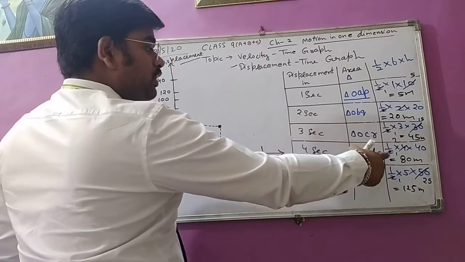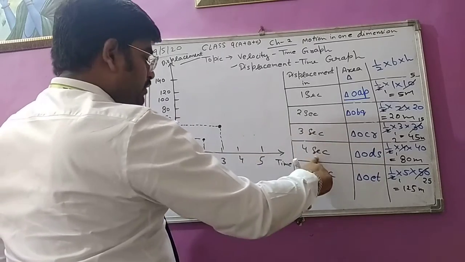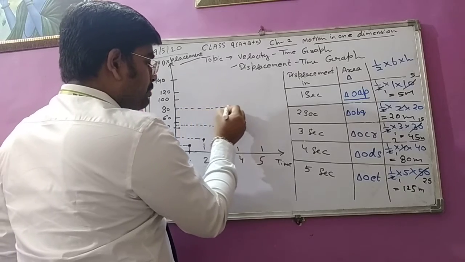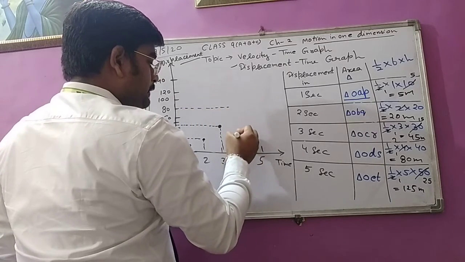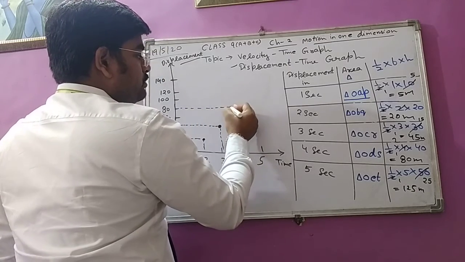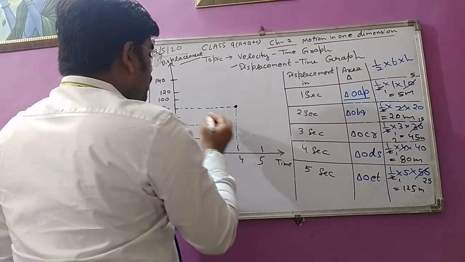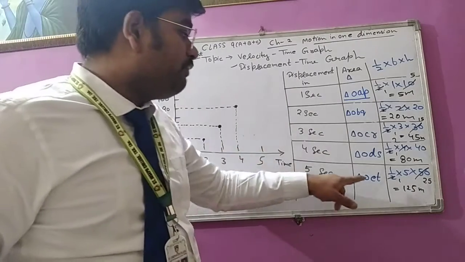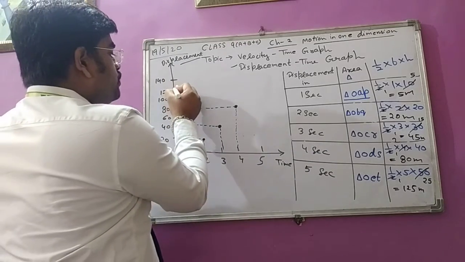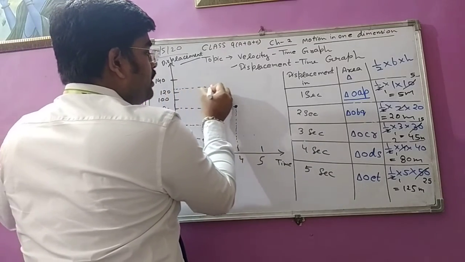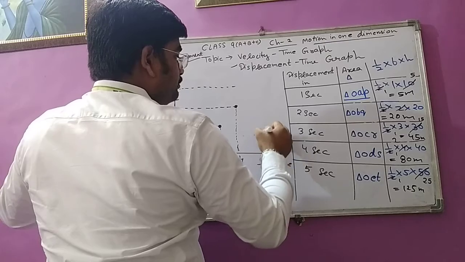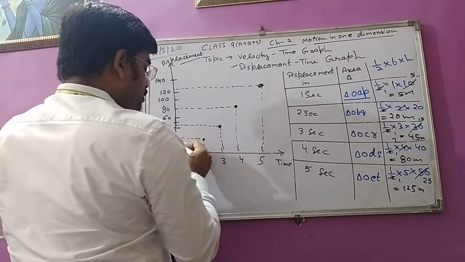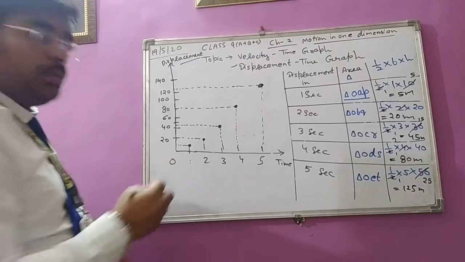After that, in the third second we have done, in the fourth second 80, so we will have to reach up to 80. Okay, 80 we have reached, and after that 125 in the fifth second. So suppose that 125 will come here. In this way you will get the plot.